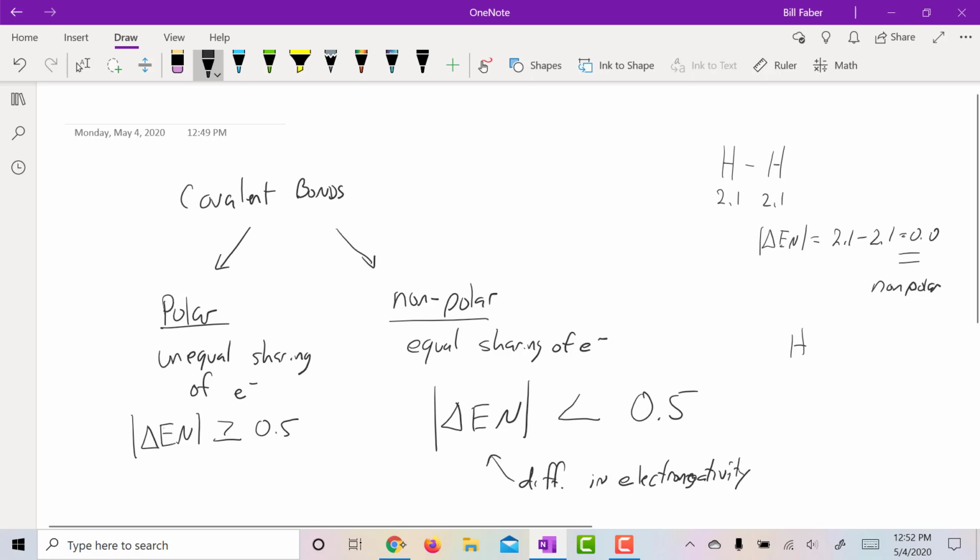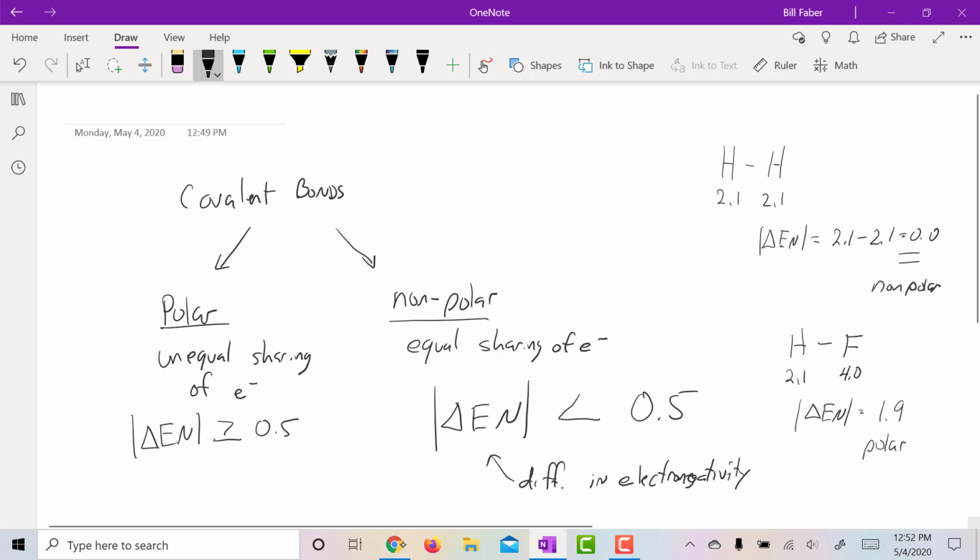So if you had something like hydrogen bonded to fluorine, where this is 4.0 and this is 2.1, well, now the electronegativity difference is 4 minus 2.1. I always put the bigger one so I don't have to think about absolute values, but we know that's a difference of 1.9, so that would be considered a polar bond.